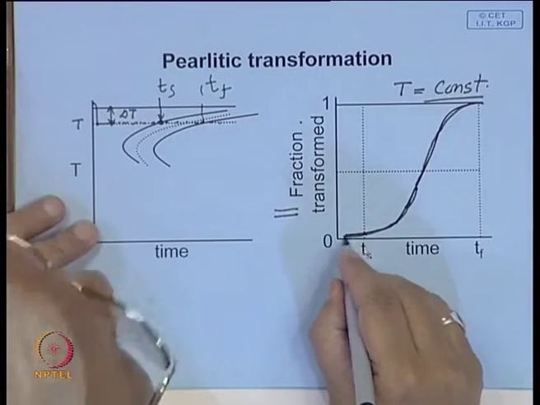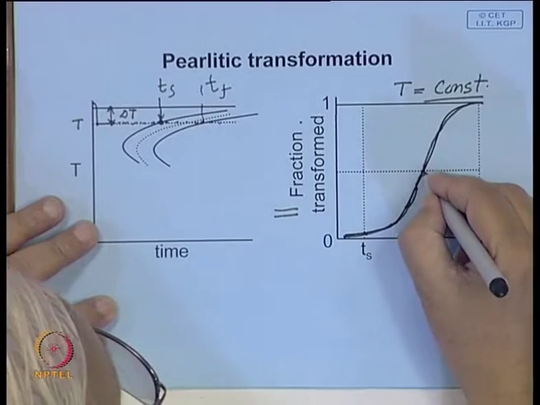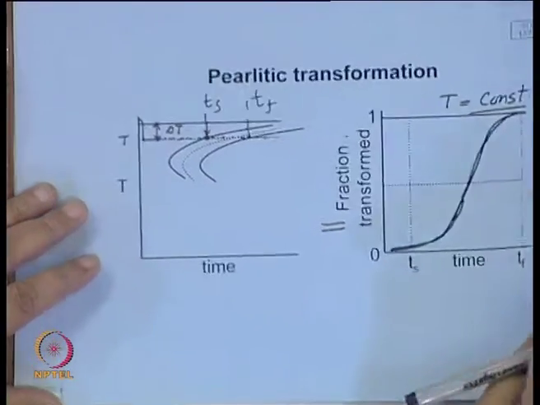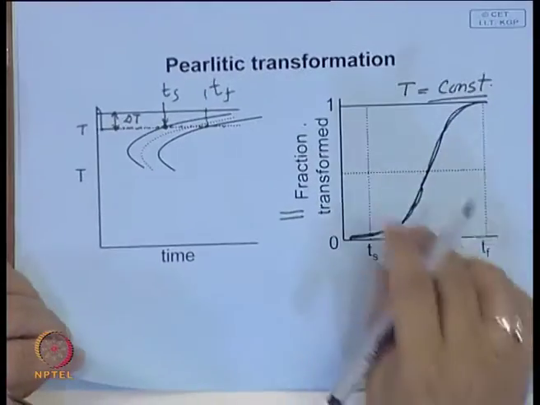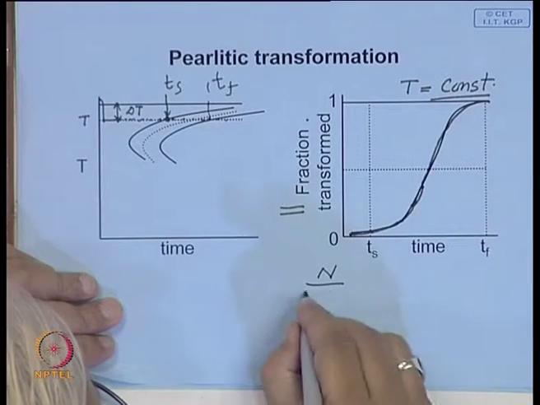That means, initially the transformation is slow, it picks up, in between it has a maximum, then it goes like this. And what we will see is how this takes place. We have seen that there is a process of nucleation and growth.